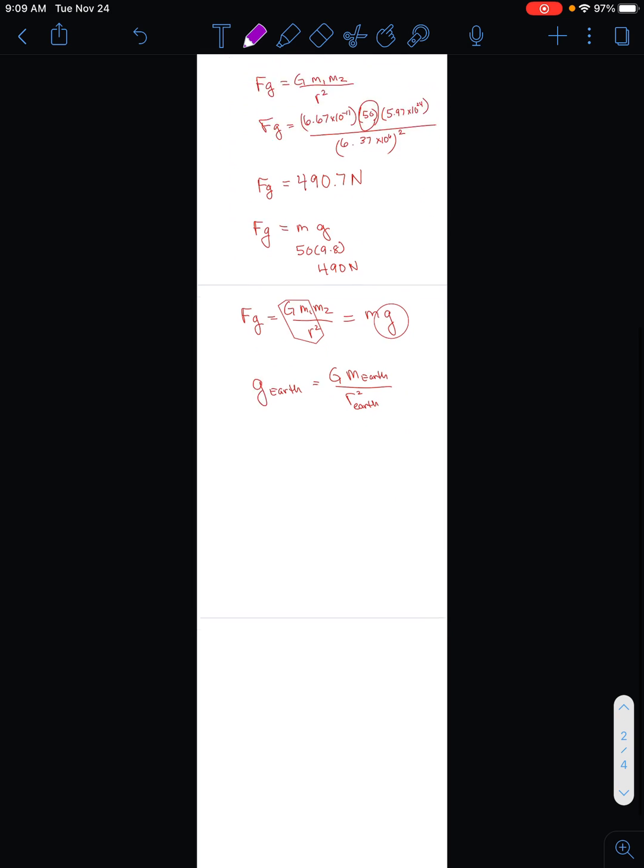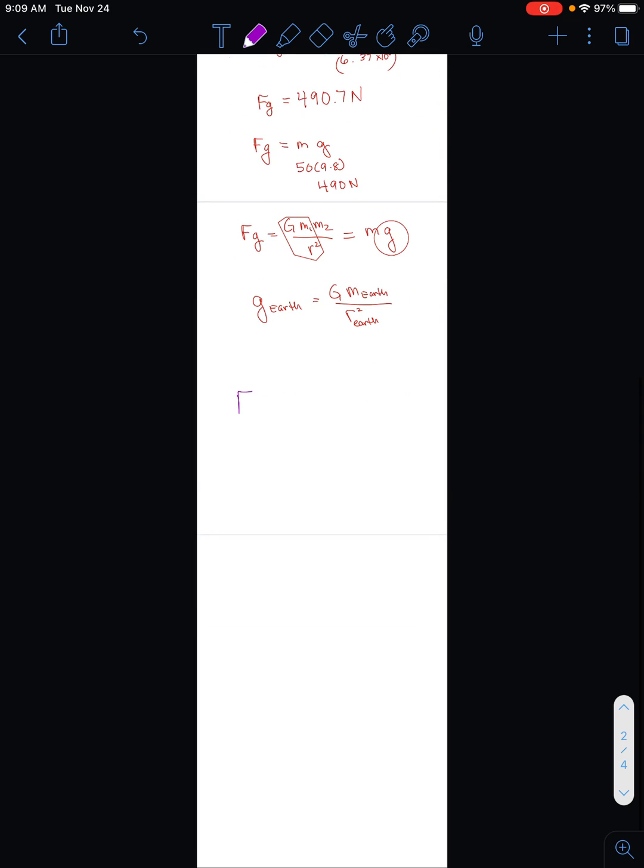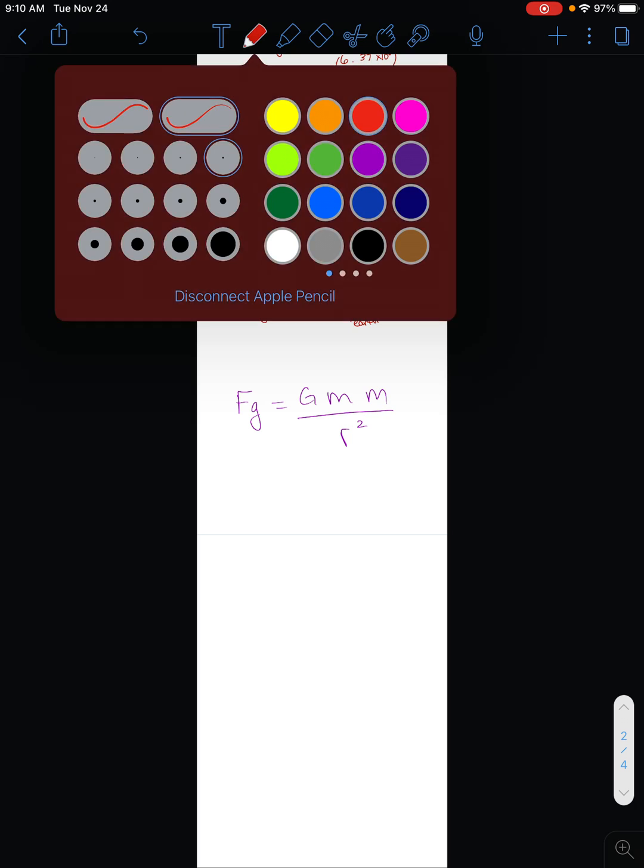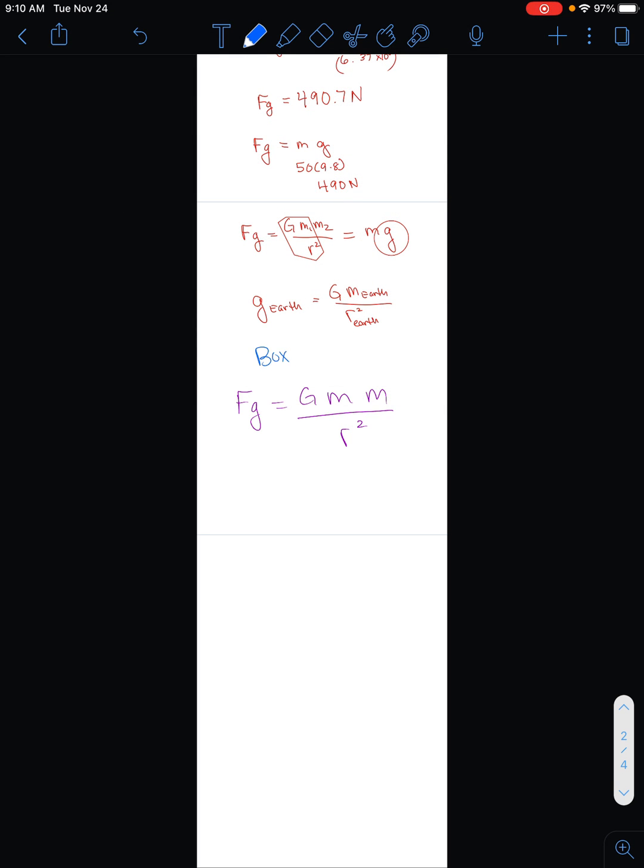We'll say that for that equation of the force of gravity equals G m over r squared, to do proportional reasoning means to put boxes on. These boxes are for factors of change.